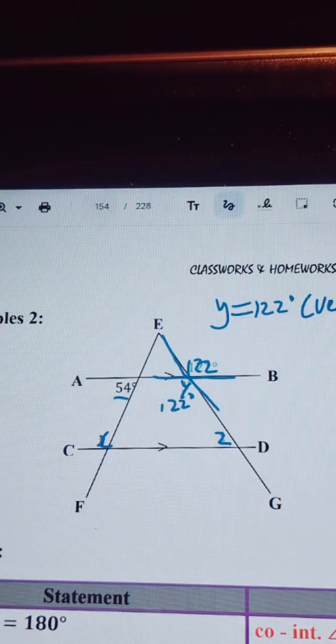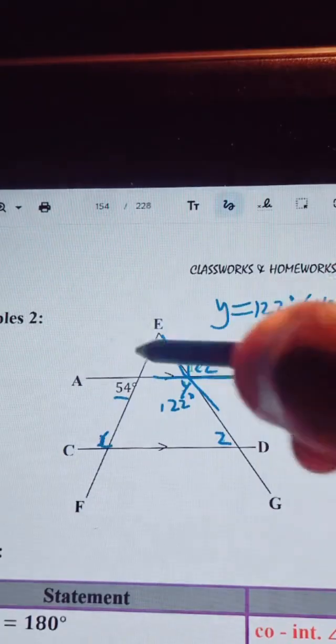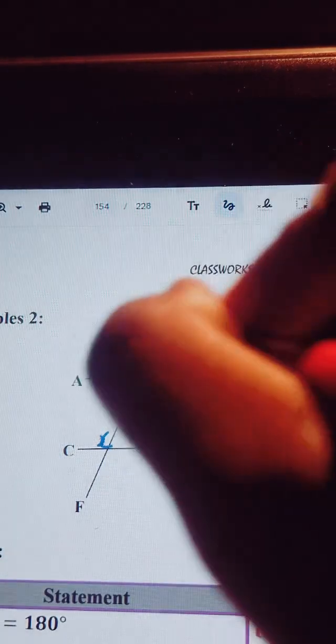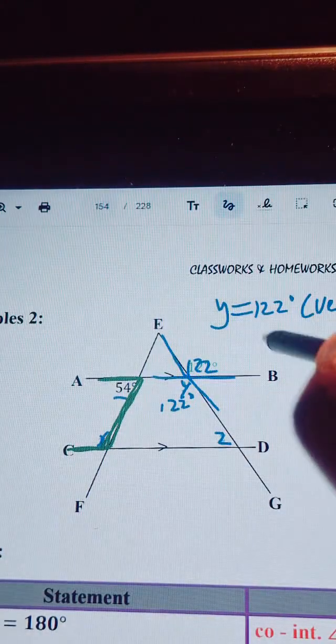You say x plus 54 degrees. These two angles make a U shape. So the x and the 54.